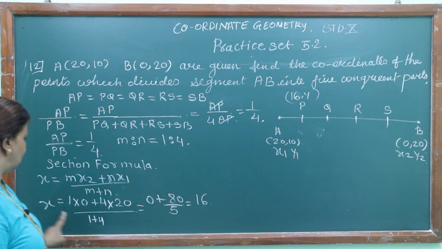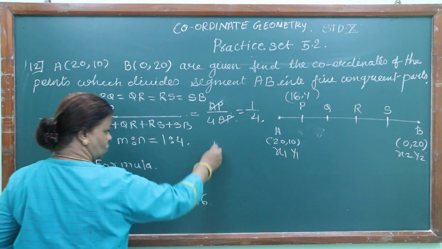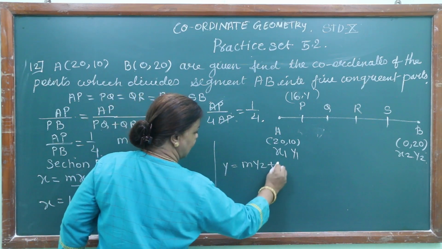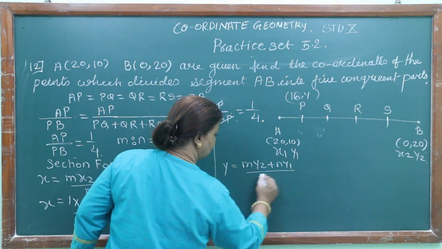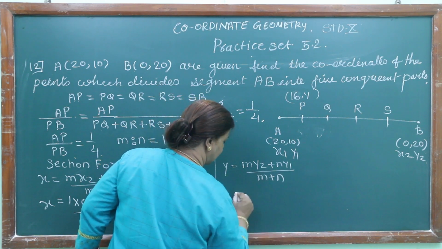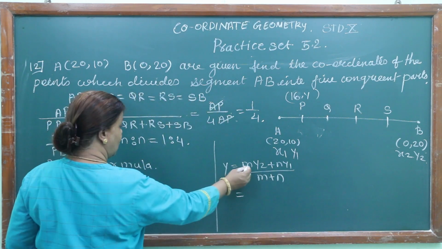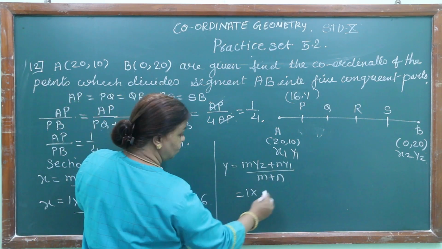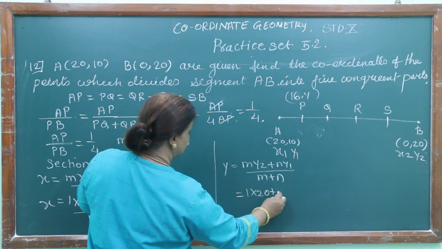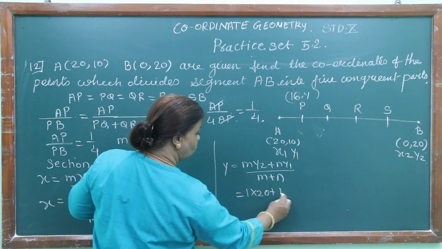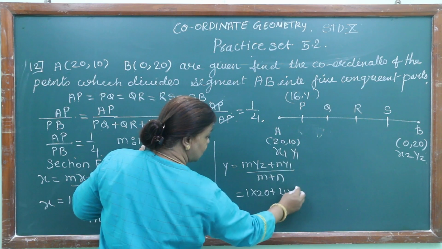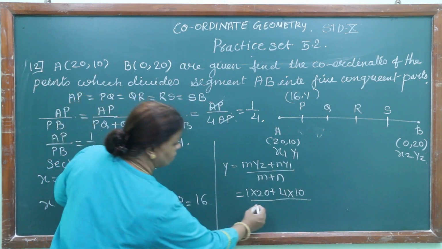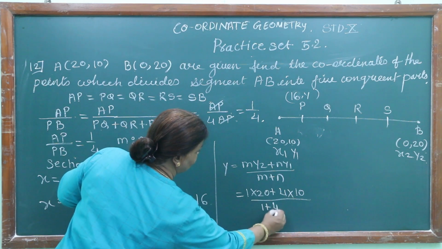Same way I can get the y coordinate. So y is equal to (m y2 plus n y1) upon (m plus n). m is 1, 1 into y2, and y2 is 20, plus n is 4 into y1 is 10, upon 1 plus 4.